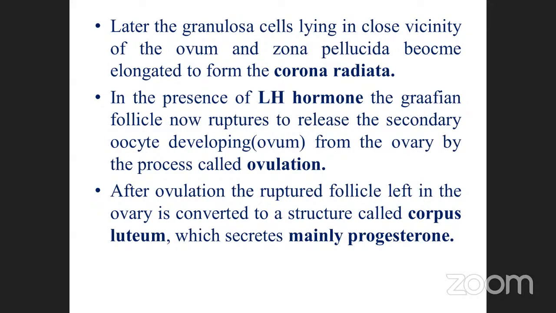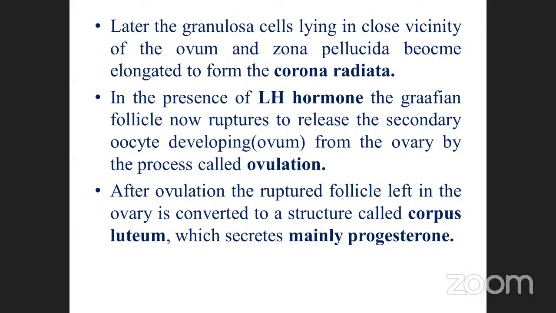That process is called ovulation. Which part is ruptured? During oogenesis, it is the Graafian follicle that ruptures. This is very, very important.